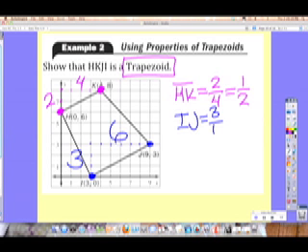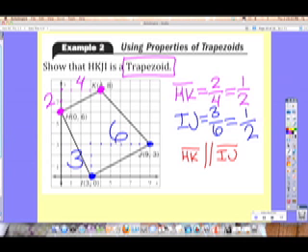Yes, they're parallel. Parallel slopes are the same. So right here we just proved that HK is parallel to IJ, therefore it's a trapezoid. One pair of opposite sides is parallel. If it was isosceles, which thankfully it's not, we would have to do distance formula for the other two and show that they both equal the same thing.